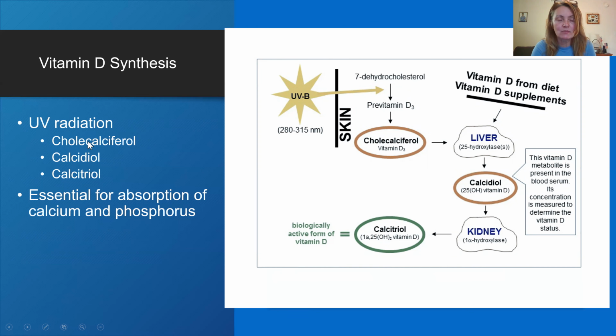And this gives you some intermediates here, like cholecalciferol, then calcidiol, then we have calcitriol. All right, so those are all different precursors, and finally you have your vitamin D. And vitamin D is needed for calcium and phosphorus absorption.